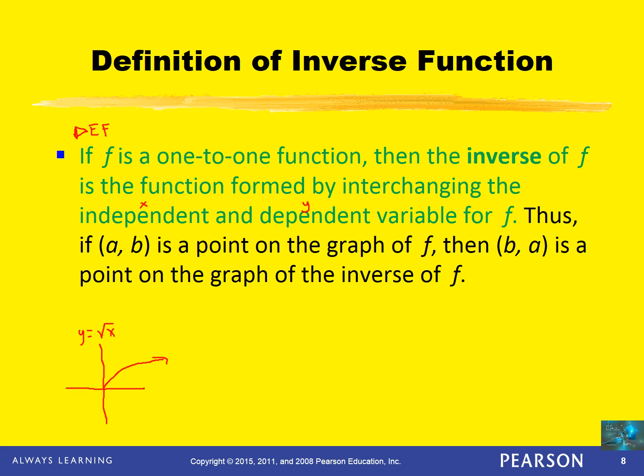Well, what's a point on the graph of this function? Well, it's the point (4, 2). That means that whatever the graph of the inverse of this square rooting function is, that inverse is going to have the point (2, 4).